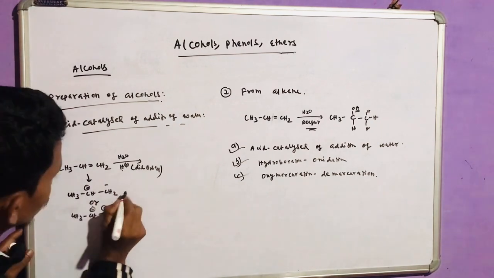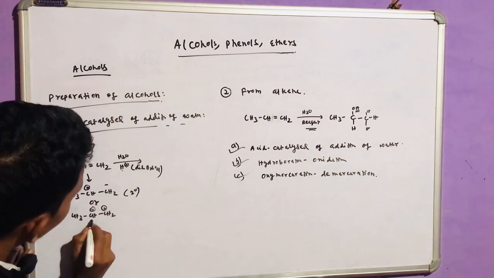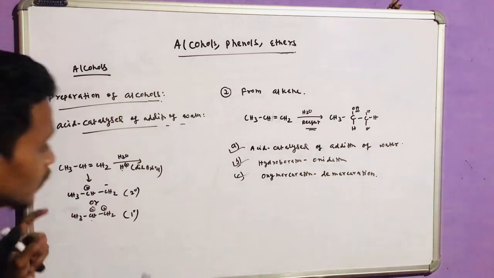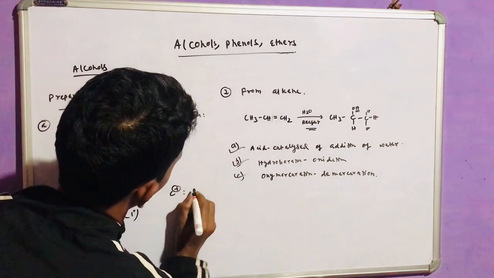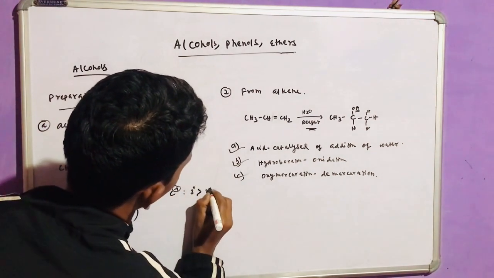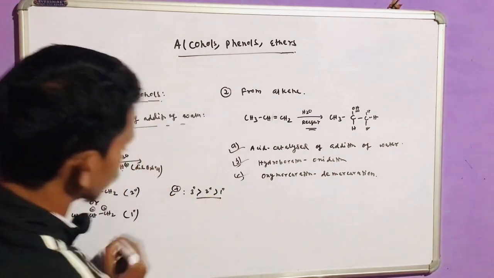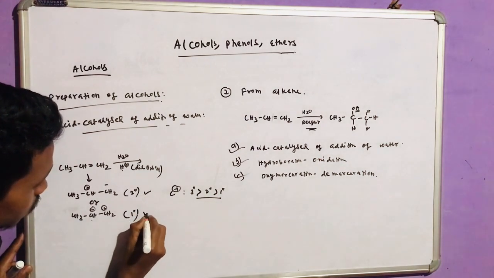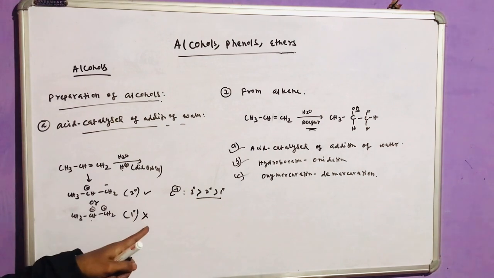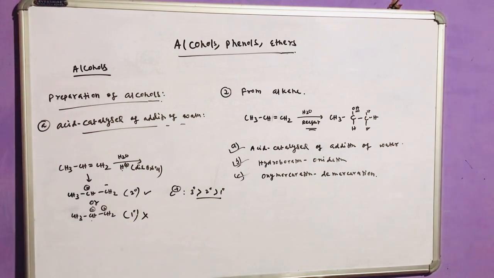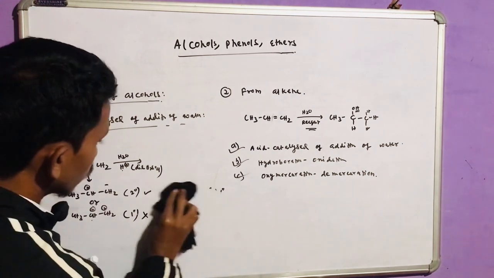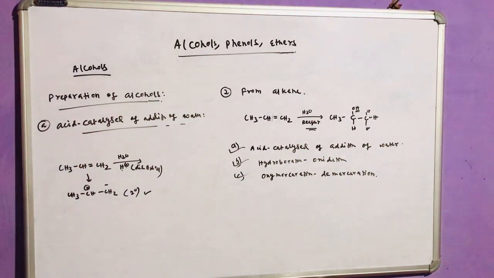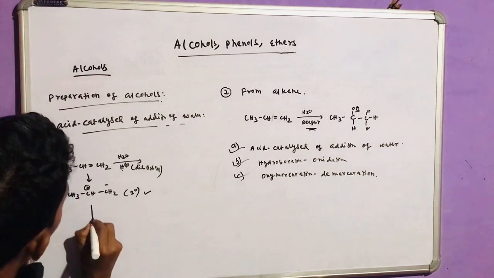Here the carbocation is 2 degree, here it is 1 degree. We know that 3 degree carbocation is more stable than 2 degree, then 1 degree. So the 2 degree carbocation forms and the 1 degree does not, because the 1 degree carbocation is less stable. After that, we have the water.